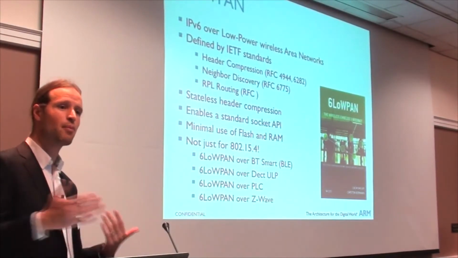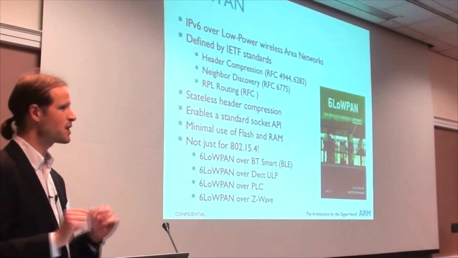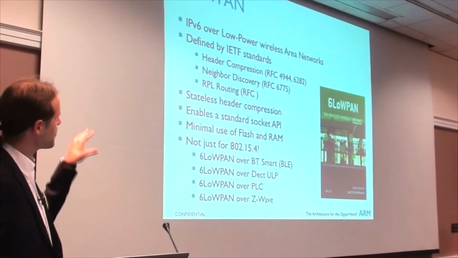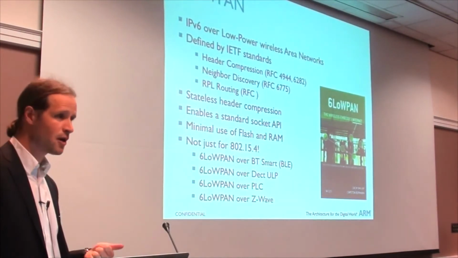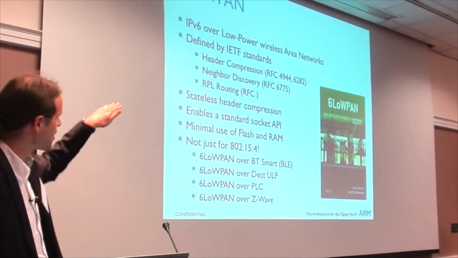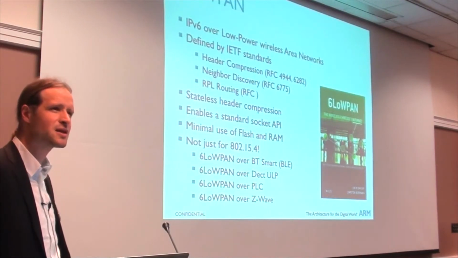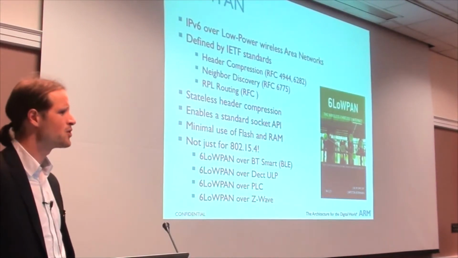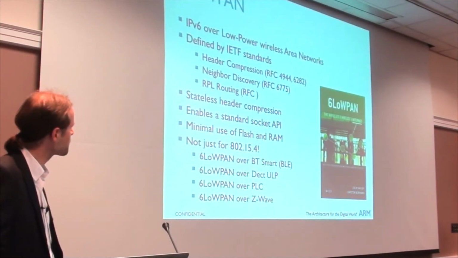So in about 7 bytes, you can get IPv6 and UDP. It's a very simple technology. We've also optimized some of the complementary things in the IETF, like neighbor discovery, which you need to build up your local network, or routing. So these are all RFC standards at the IETF. 6-LoWPAN is about 6-7 years old as a standard, so it's a pretty well-established set of technologies.